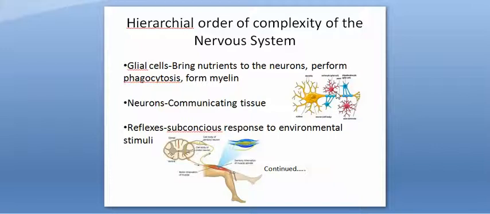So they bring nutrients to the neurons in general. There's 5 different glial cells that we'll get to learn about in the next video. Those 5 different glial cells have different jobs, but in general, they bring nutrients to the neurons. They perform phagocytosis, which is engulfing foreign debris, whether that be a bacteria or some sort of waste in the cerebrospinal fluid or around the neural tissue.